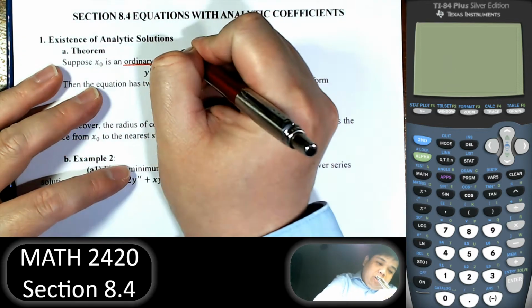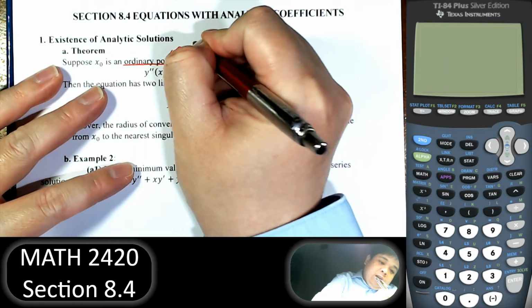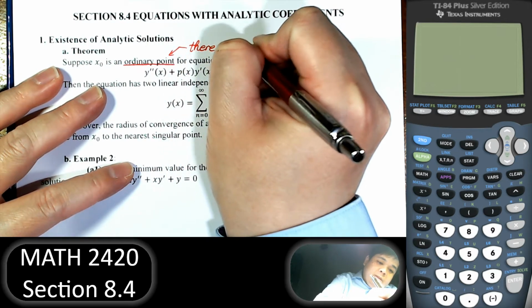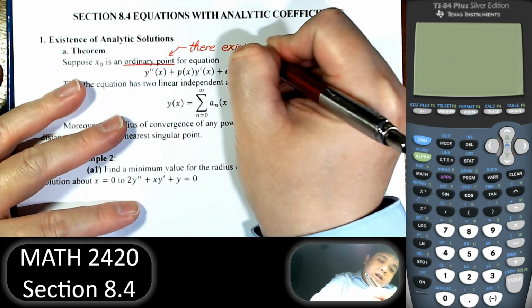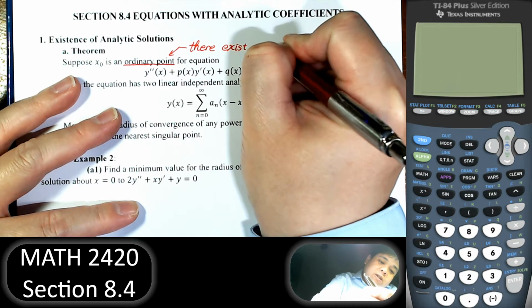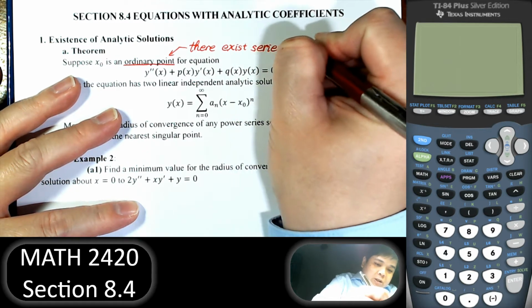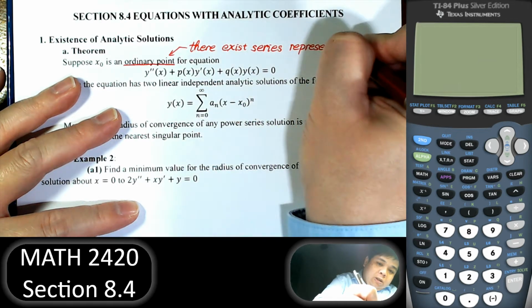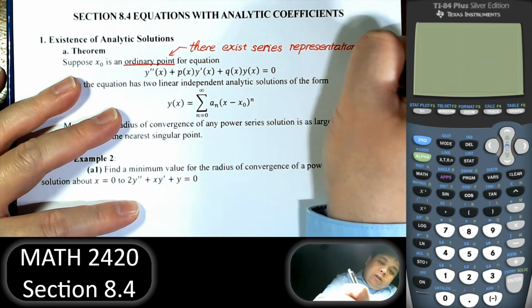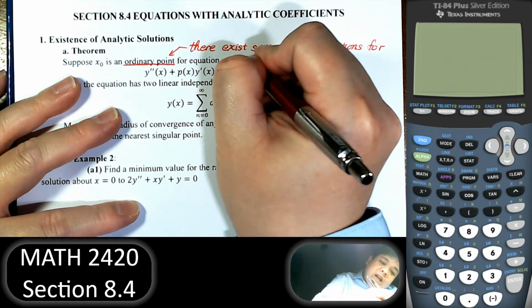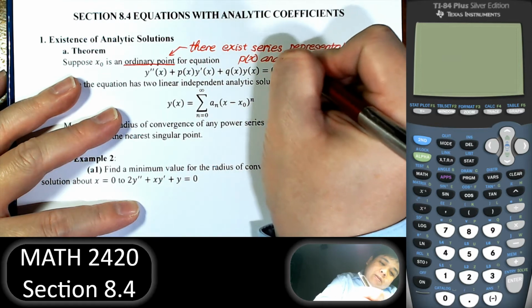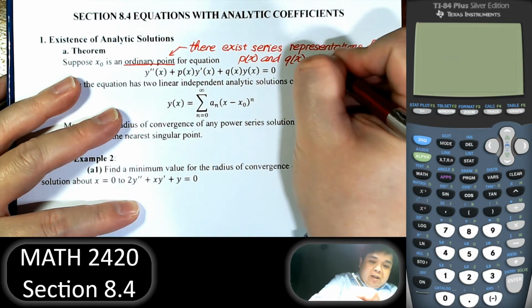So ordinary meaning there exists a series representation for both p of x and q of x centered at x0.